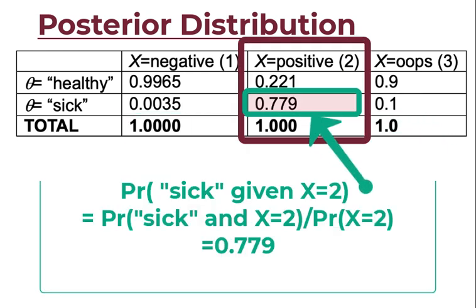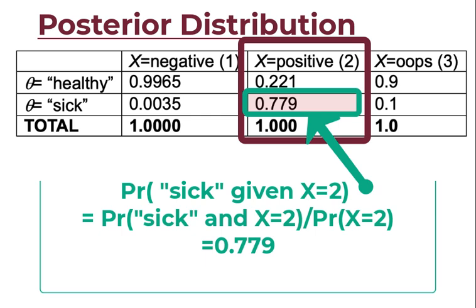And looky here, now each column does add up to 1, and each column is a probability distribution. If you ask what is the probability that the patient is sick, given that a test result is positive, well, given that the test result is positive means you're in the second column here.